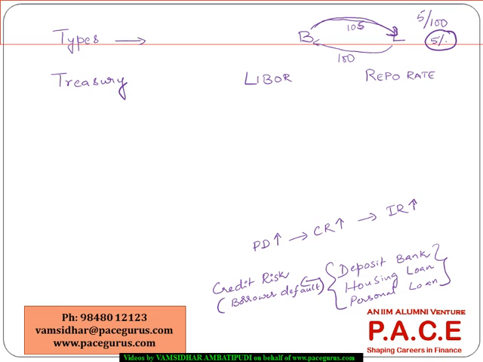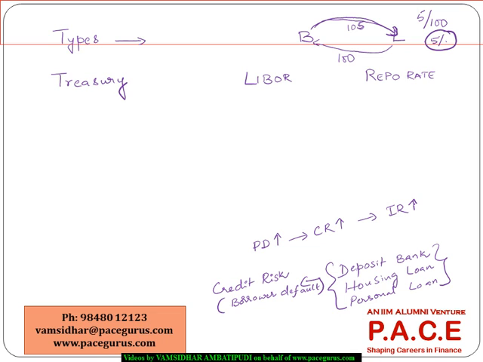So what he is typically doing is trying to increase his expected return. The higher the risk, the higher should be the expected return. So he is trying to increase the expected return, which is why he is entering into a higher interest rate.